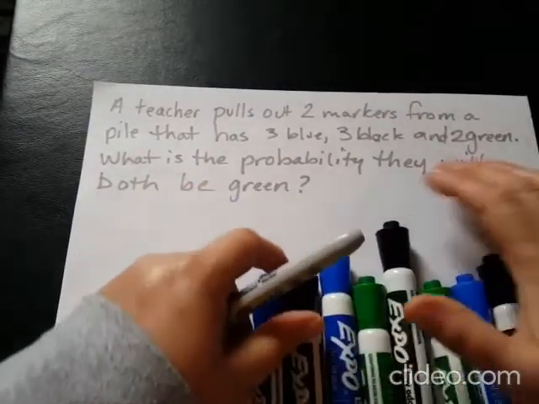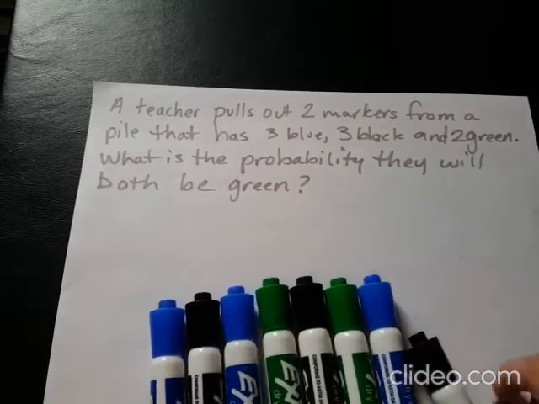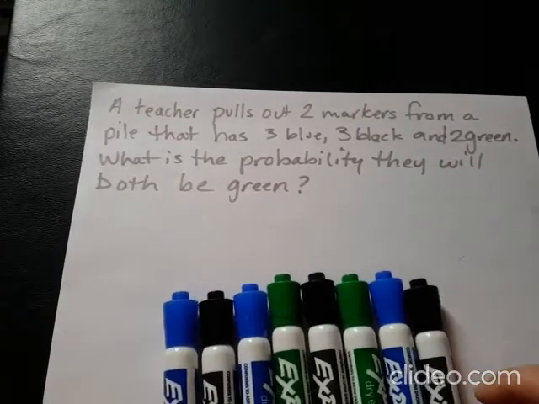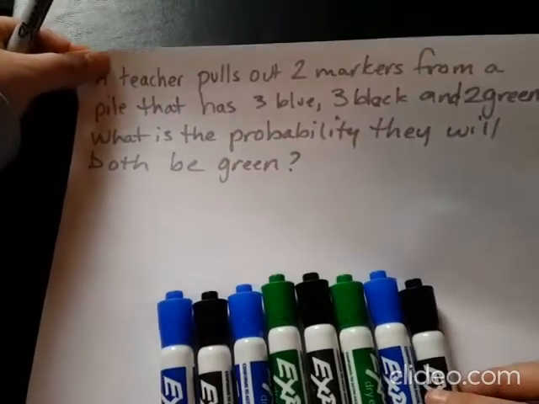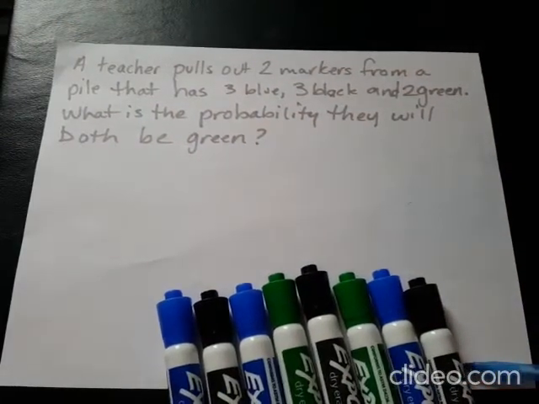So you've got a teacher, and the teacher's got all these wonderful markers, and they're going to be pulling out two markers from this selection. So what's the chance that both of those markers are going to be green?